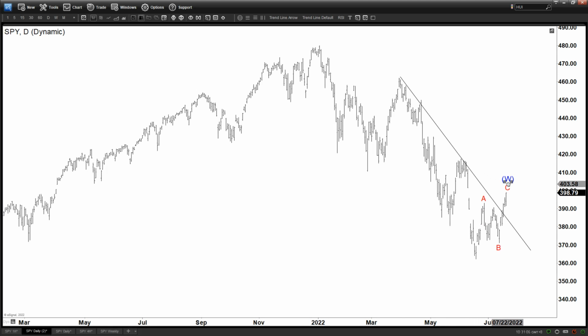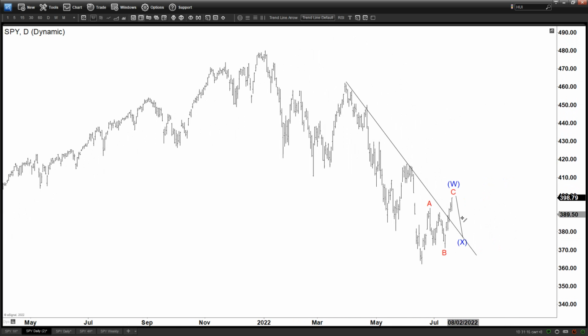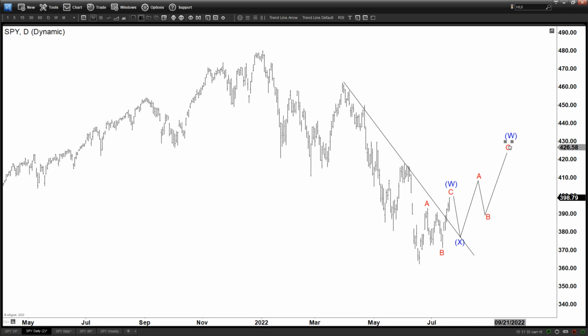And so that means after we finish this C, we should be getting a pullback in the X, and then maybe retesting that trend line, and then going up again. Remember, WXY is a double zigzag, so you can have another leg like this, and then the market is going to decide what's going to happen from there. If it is still bearish, then from here we might go down again like this.